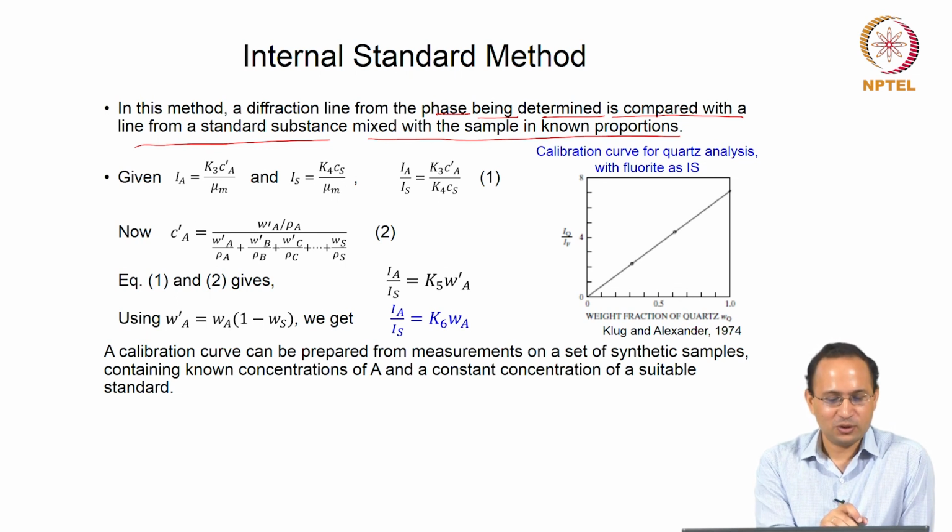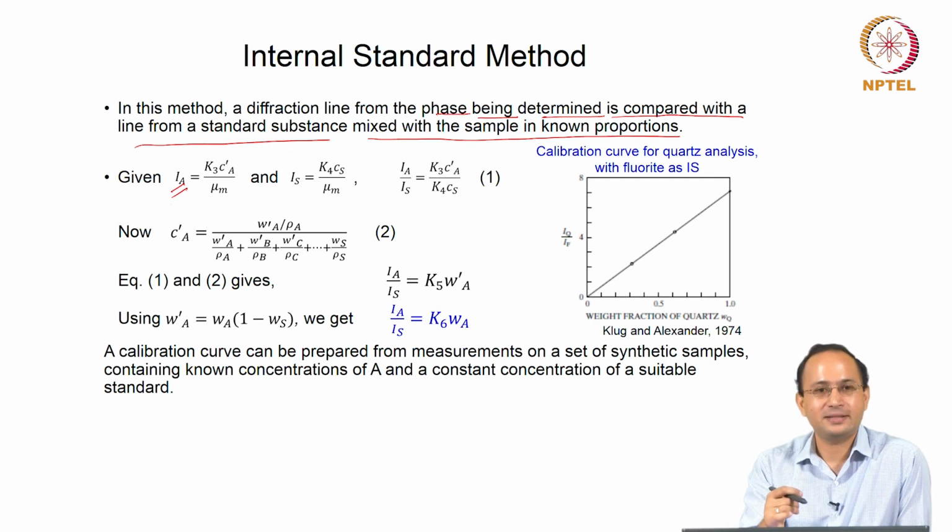Once you have added the standard to your sample, you can again write the intensity equation, I A, as this constant K3 times the volume fraction of, for example, your alpha phase, or the A phase here, in that mixture, over mu m. Is it clear how it is the same as what we did last time, right?